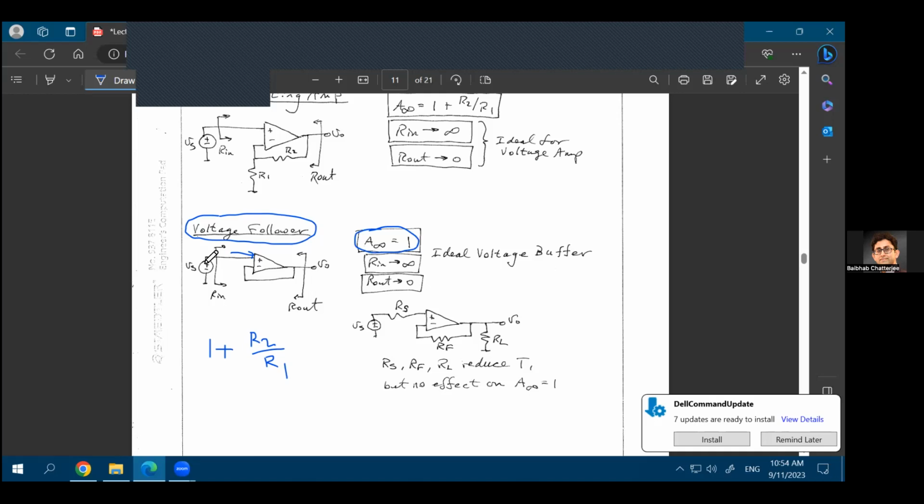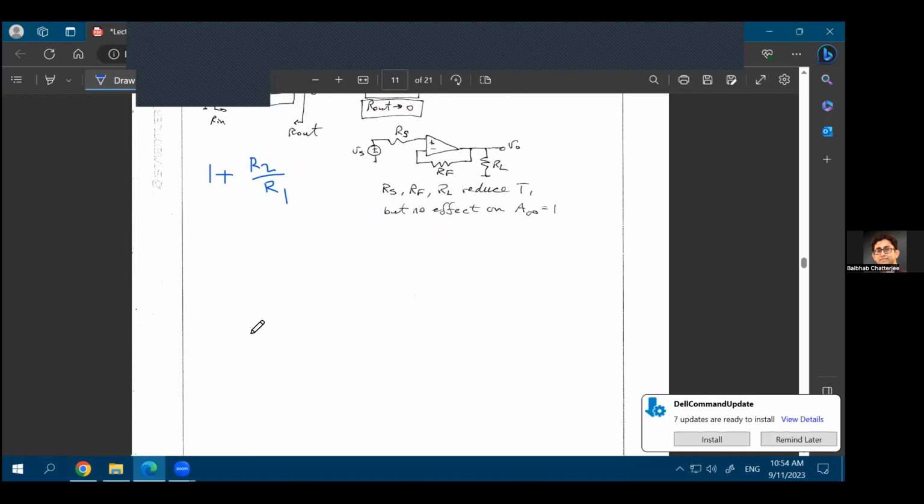Let's say you are designing a very complex multi-stage design, and just before this op-amp configuration, you have a voltage generator from which this Vs voltage is being generated. And that's not an ideal voltage source at all. Right? In this case, we are showing an ideal voltage source. But if this is not an ideal voltage source, it will not be able to drive any.